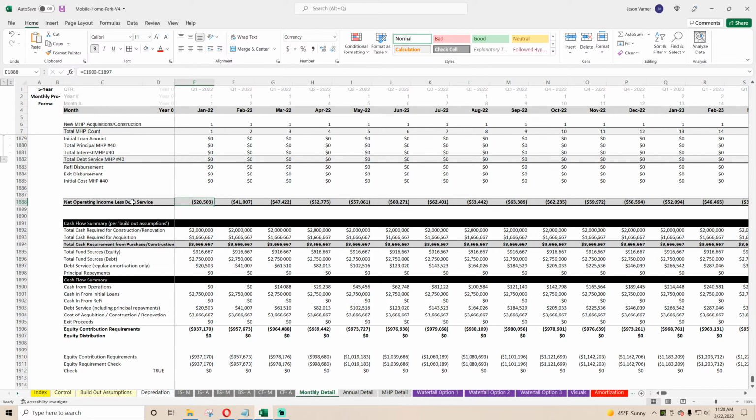Net operating income less debt service. So I believe it's this number, debt service including principal. So there's got to be some reason why. How are we going to account for that? Because then the accumulation of this debt service is what we're out by.